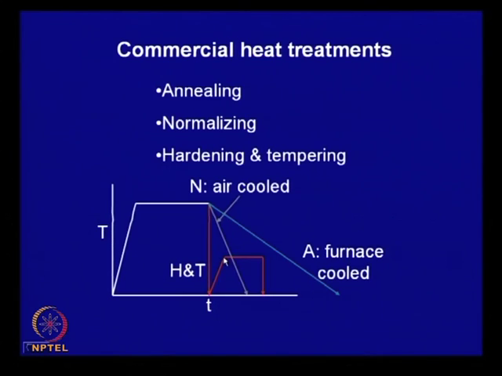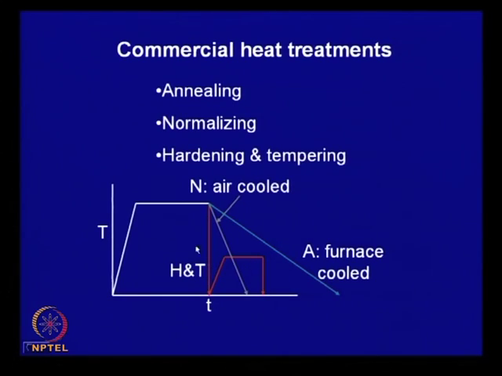At that temperature some amount of transformation takes place, some ductility is restored, brittleness goes down, and then you can quench. So, this part is called tempering and this quenching is the hardening. This red line represents hardening and tempering.